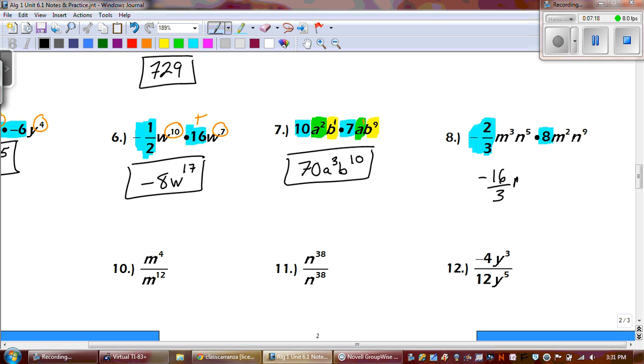Now I need to look at the m's. 3 plus 2 is 5. And then looking at the n's, we have 5 plus 9, which is 14. So we have negative 16 over 3, m to the 5th and n to the 14th.